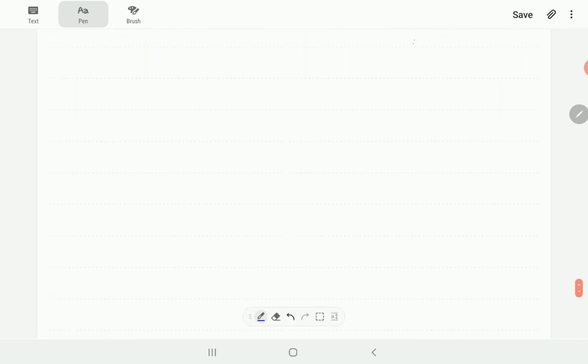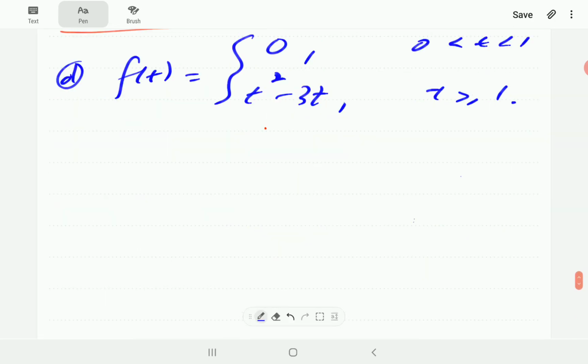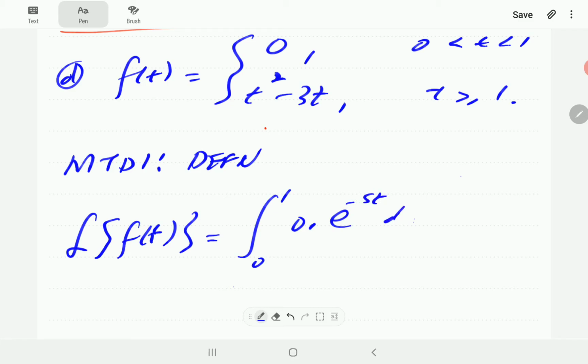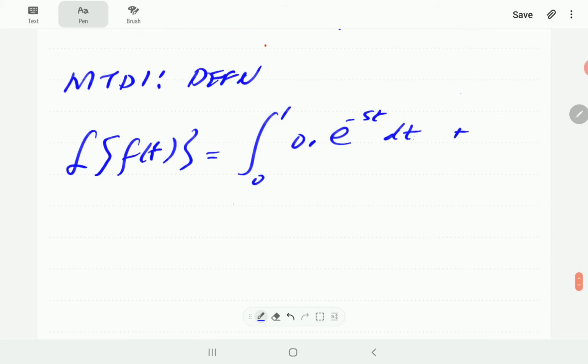If we plug this into the integral definition, our Laplace transform is going to be the integral from 0 to 1 of 0 times e to the minus st dt.